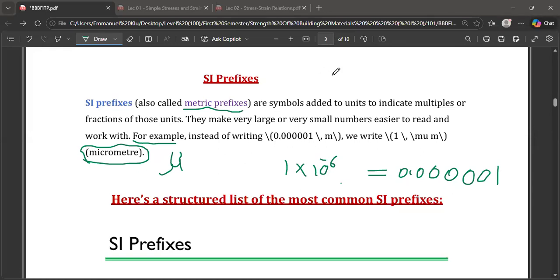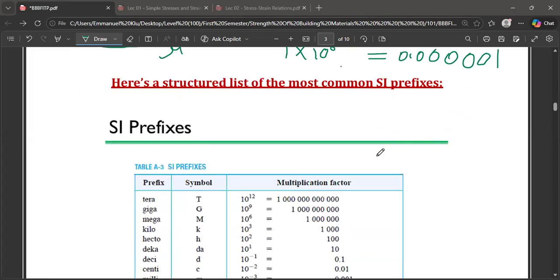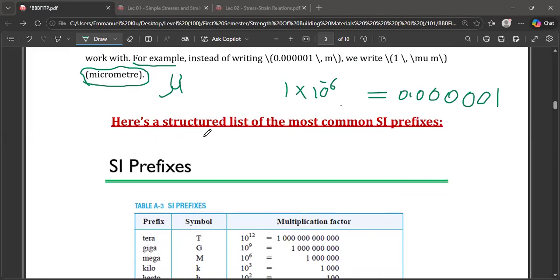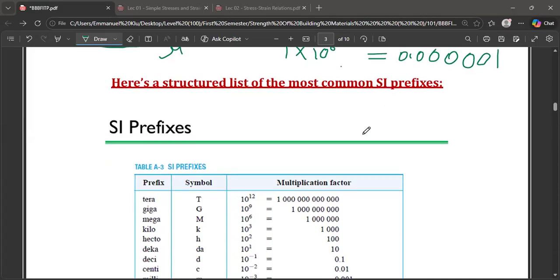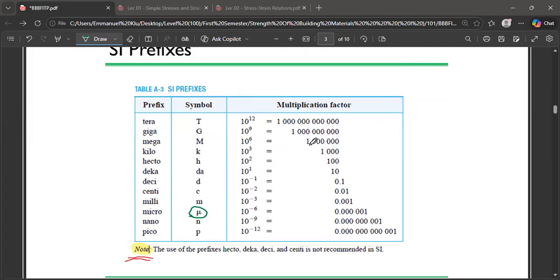Good. So some examples of the SI prefixes I'm talking about are kilo, mega, giga, and the rest. To avoid beating about the bush, kindly look at what I have over here. Here is a structured list of the most common SI prefixes, which we're going to be using in this semester. Not this semester alone.